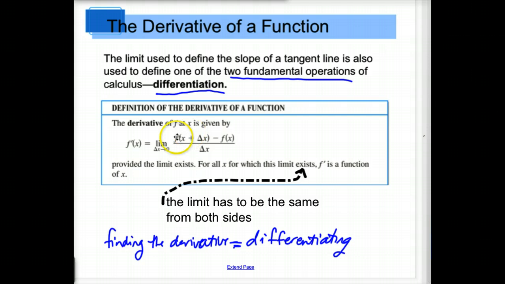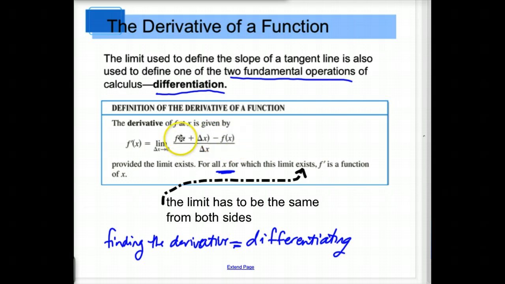The derivative of a function is the limit of f of x plus delta x minus f of x all over delta x. And we can use the x in there because we might want to find a derivative at any certain point x, for any x, not just a specific number, like not just at 2.